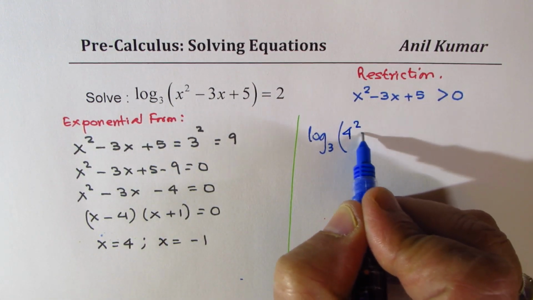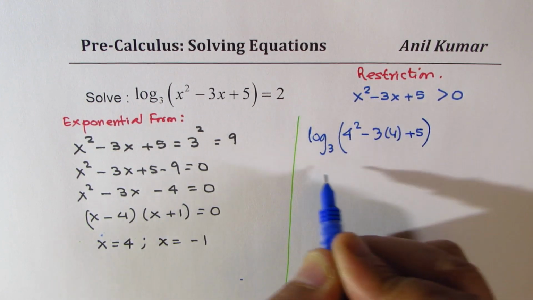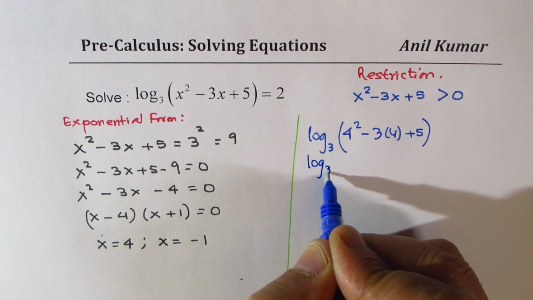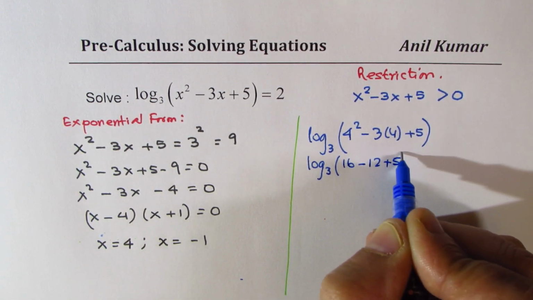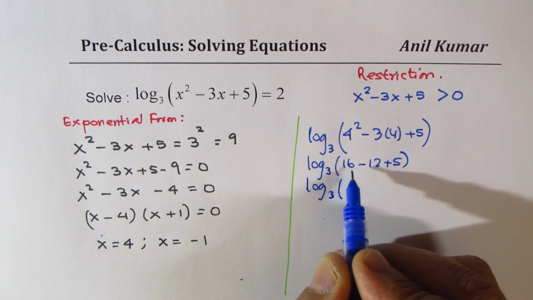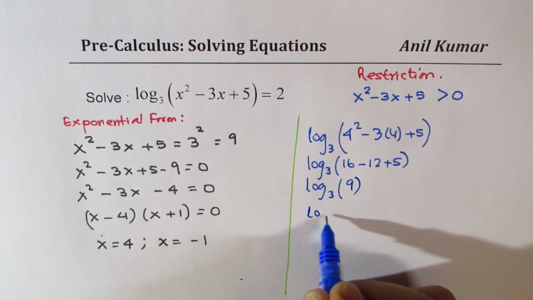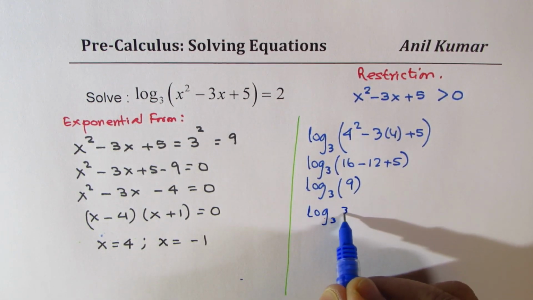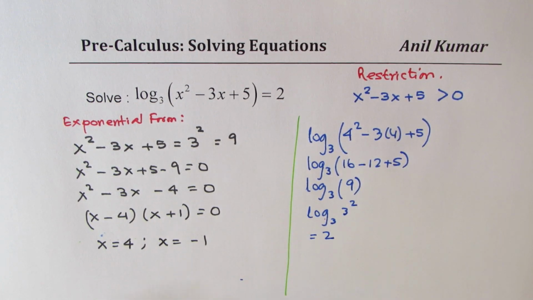I get 4 squared minus 3 times 4 plus 5, which is log to the base 3 of 16 minus 12 plus 5, which is log to the base 3 of 4 plus 5 is 9, correct? Which is log to the base 3 of 3 squared, which is equal to 2. Perfect, it works.